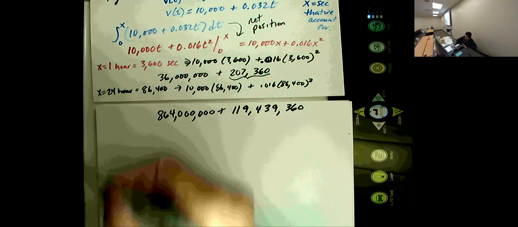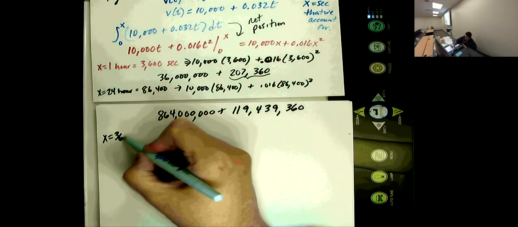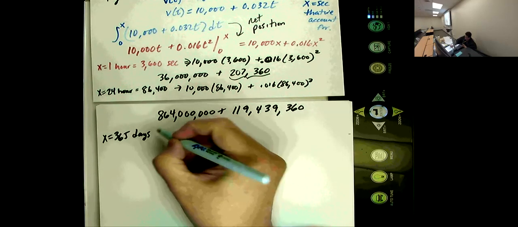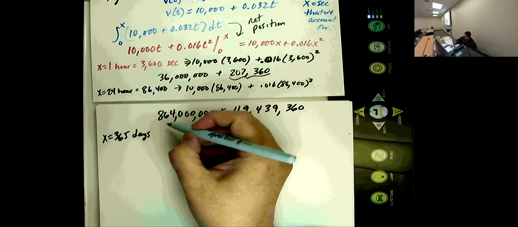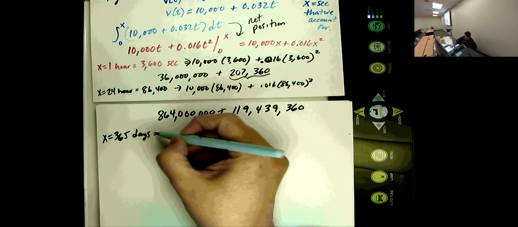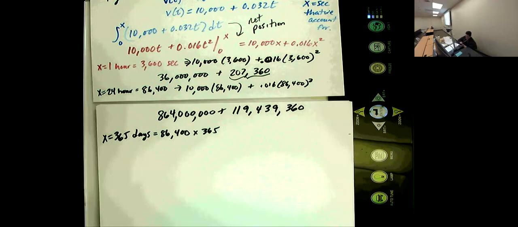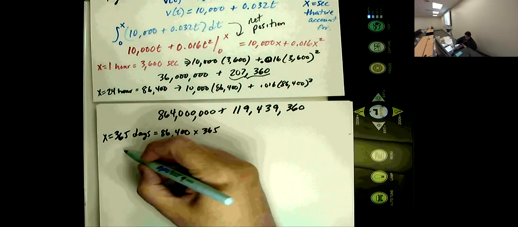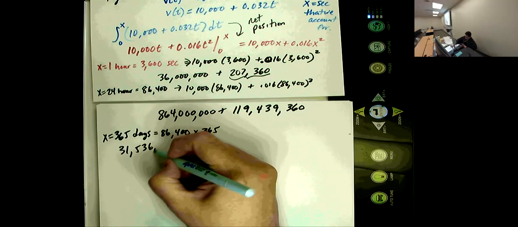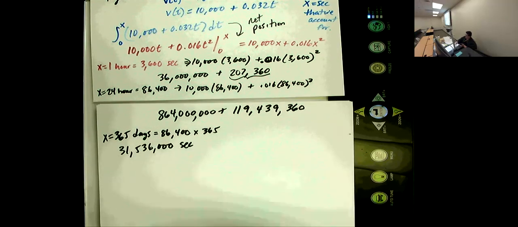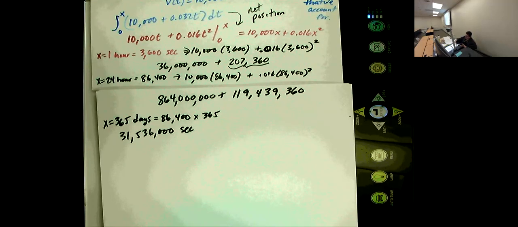After a year, I'm just going with 365 days, not mentioning the quarter of a year. In seconds, this is 86,400 times 365. So that is 31,536,000 seconds in a year. That seems like a lot of seconds.